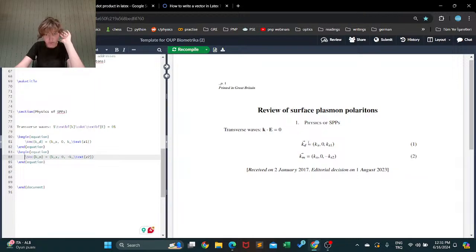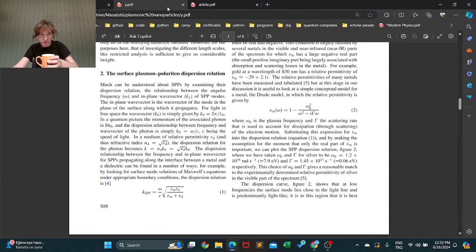I don't know what phrase to use, but this first metal and this first dielectric. You know what? I'll get back to this one. Let's just accept that this one.